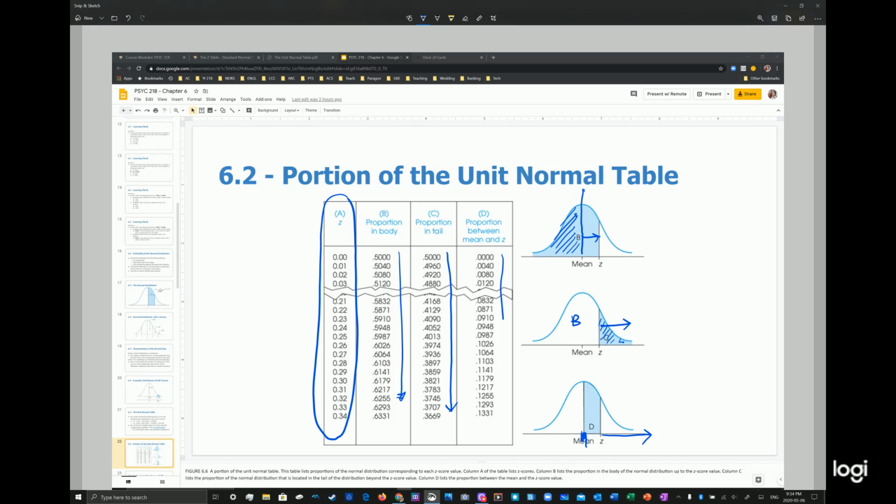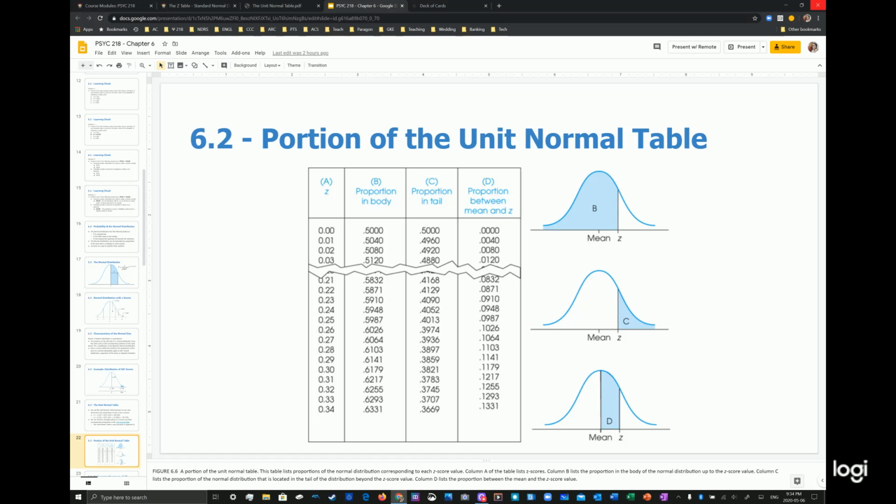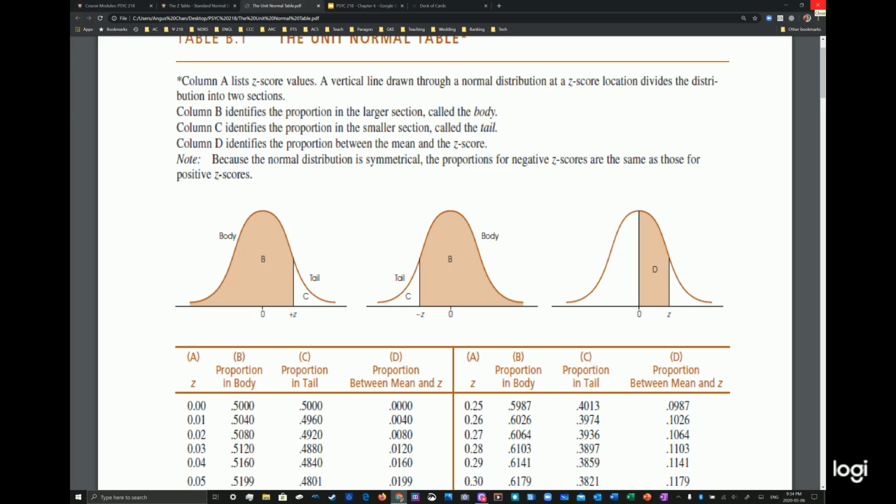So notice here, as Z gets higher, the proportion gets larger, but it never goes above 50%. It only approaches that, with the largest being 0.49997. So you'll see the same properties then in the unit normal table.